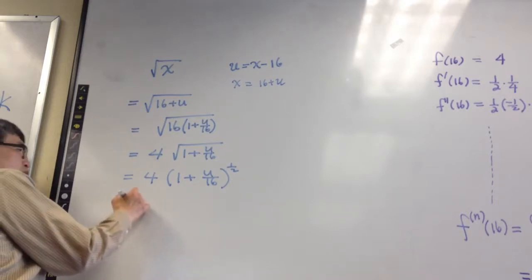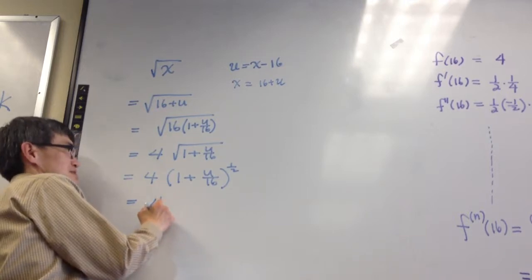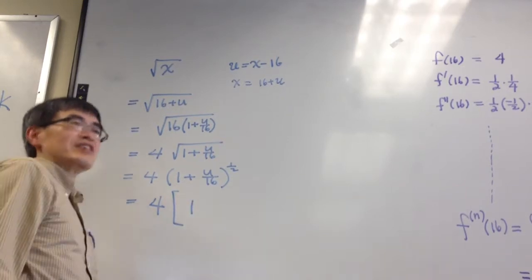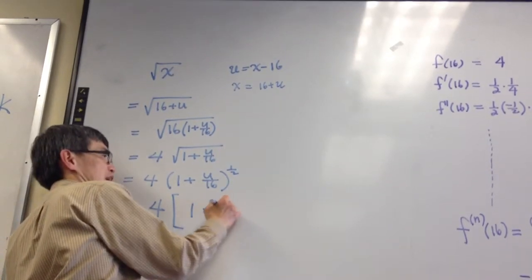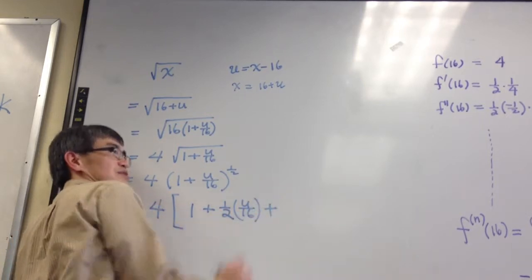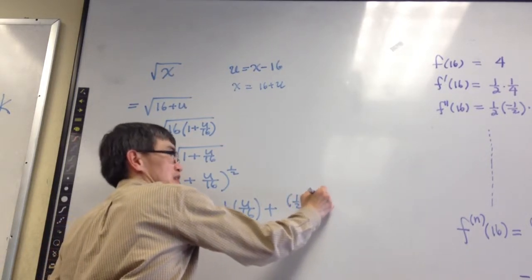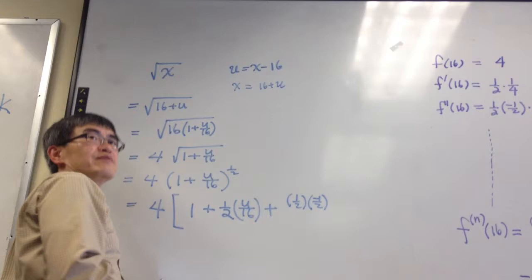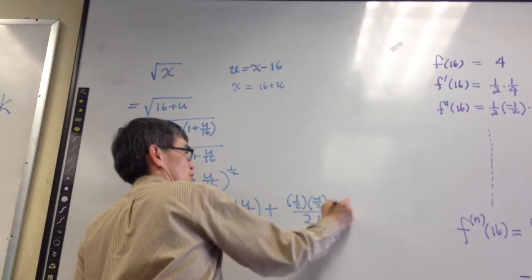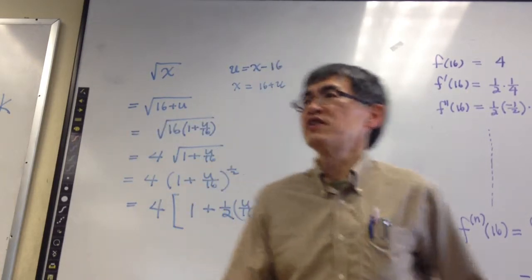Right? Then what do you get? 4, big bracket, 1 plus 1/2 u over 16, plus, what's the next term? 1/2 times negative 1/2 over 2 factorial, u over 16 squared, right?